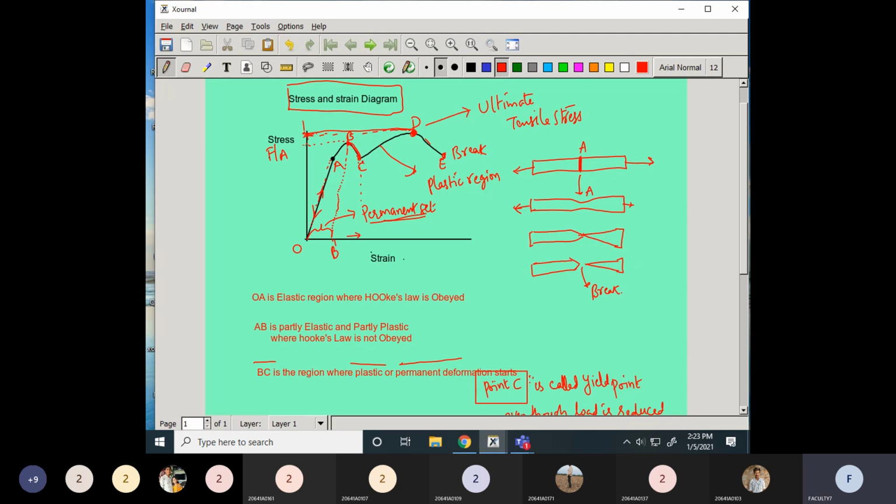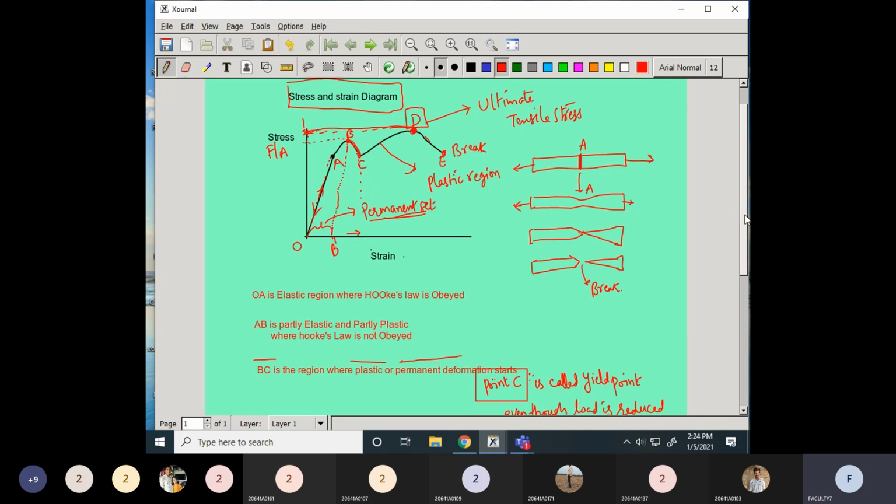Then how much is the highest stress that the material can withstand without any deformation or without breaking. That you can estimate. So those things can be found with this concept, the stress strain diagram.